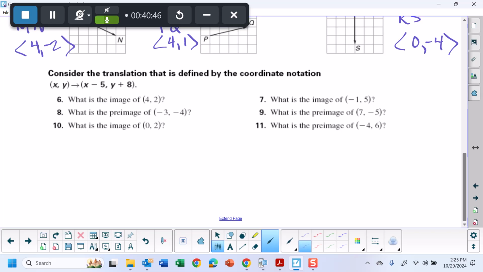Some of the ones you're going to get on Delta Math look like this. What is the image of 4, 2 given this rule? When I look at that rule, I know that my x's are going backwards 5, and I know that my y's are going up 8.